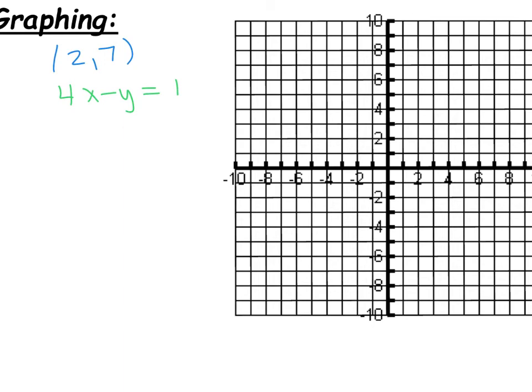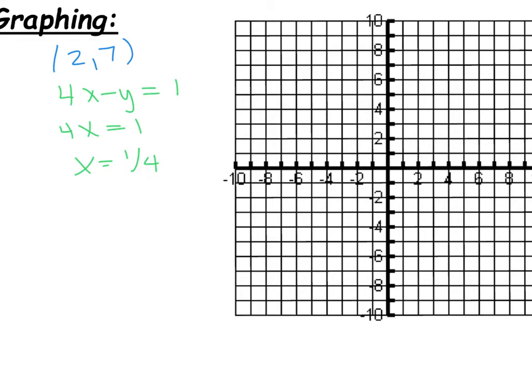With the cover-up method, I cover up the y, and 4x equals 1 is left, so x is 1/4. What you do is you put 0 in for y, so that term disappears and I end up with 4x equals 1. Divide by 4, I get x is 1/4.